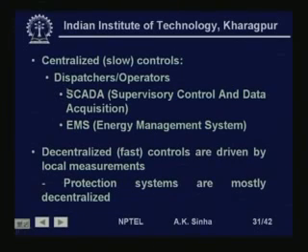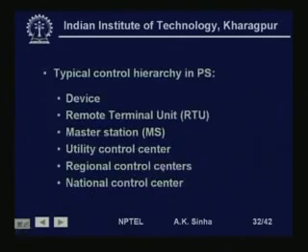Centralized control examples are SCADA systems and EMS systems. Decentralized controls, as I said, are protection systems and some controls like your speed governing system for turbines and generators.